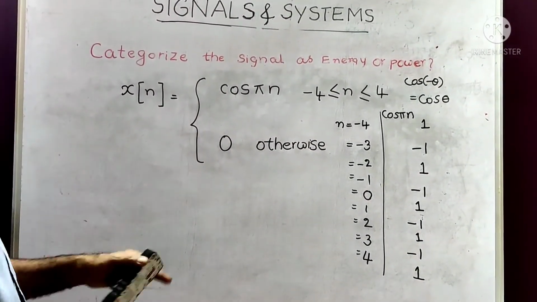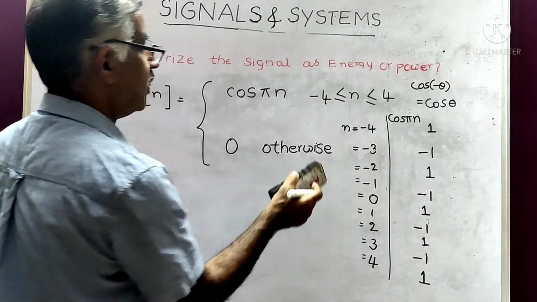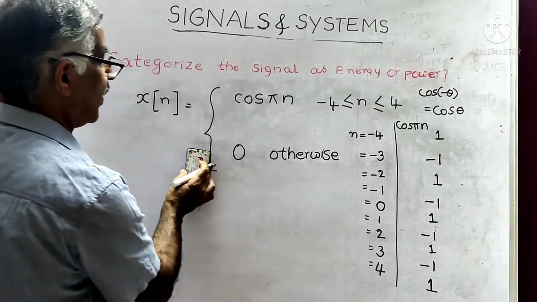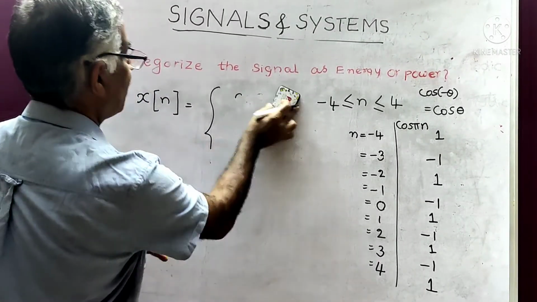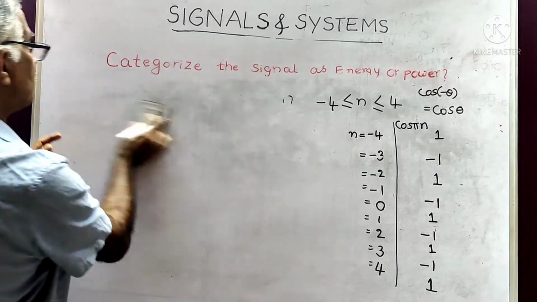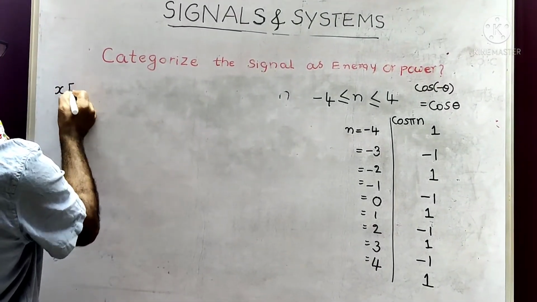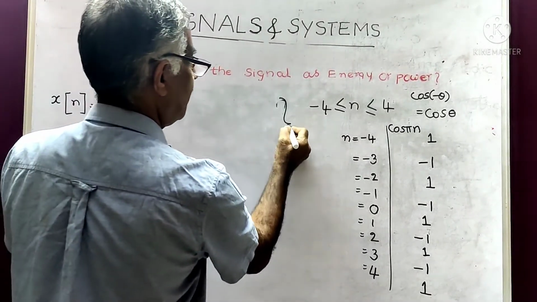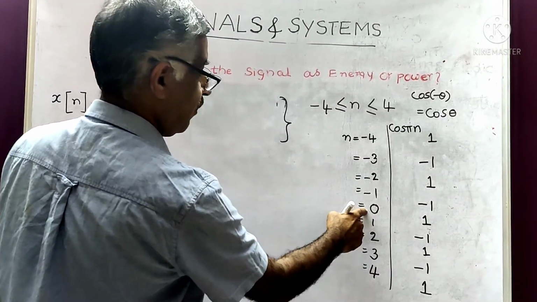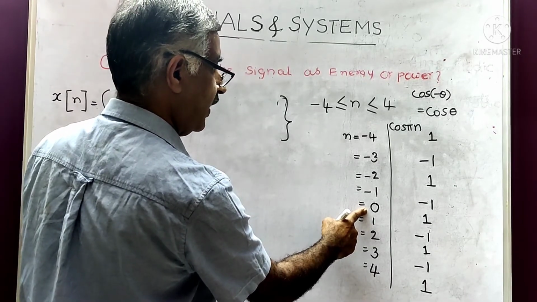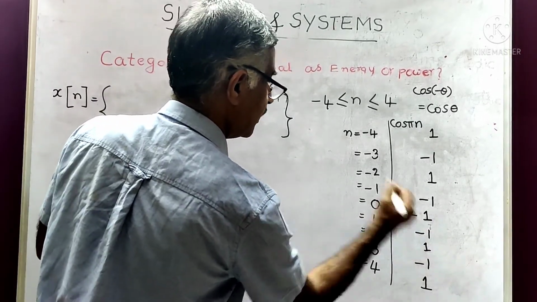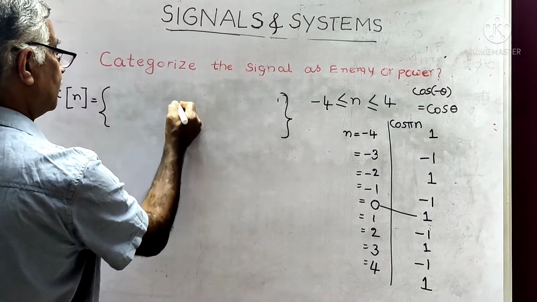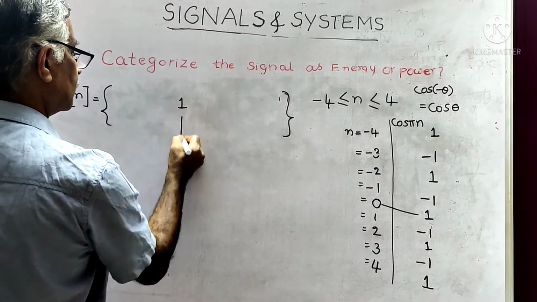Now sketch, or represent in the form of a sequence, x of n. For 0 it is 1.